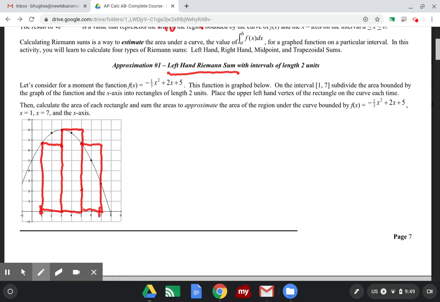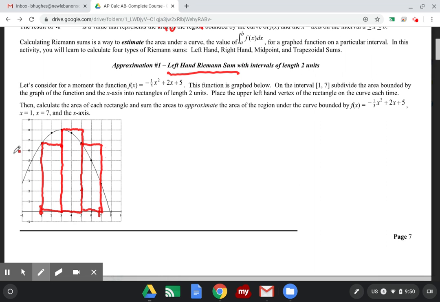We can see that's not going to be an exact area of what's underneath the curve, because a little bit right here would be short. Right here I have a little bit too much area, and over here I have a little bit too much area as well. Granted, this is over, and this one's under, so it would be pretty close to the actual area, but that's what we're doing.